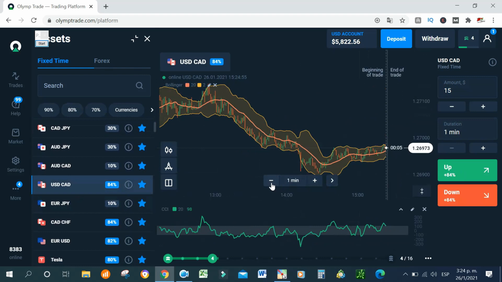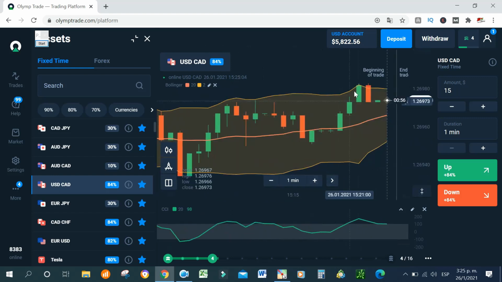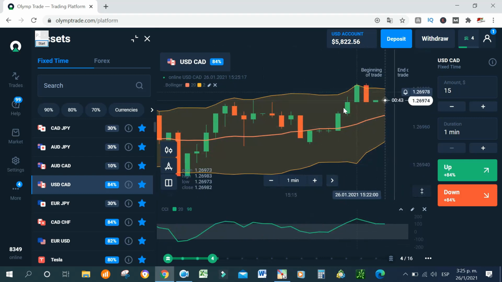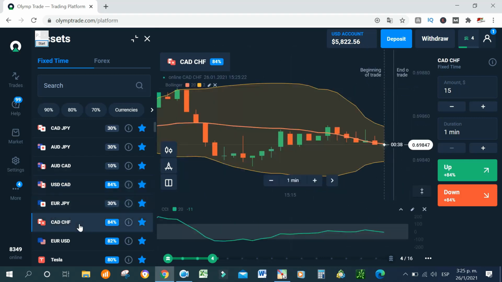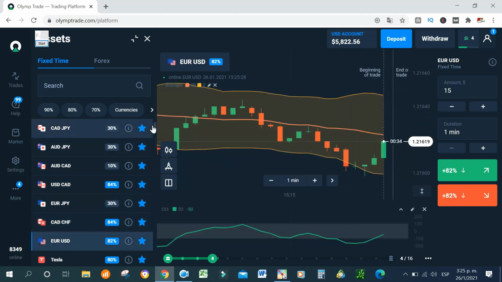Why? First of all, we have a market condition that is down, I mean, a downtrend. Then we have the price touching the upper Bollinger Band, and also the CCI indicator is in the overbought zone. So that was a great opportunity to go down. But it's okay, we missed that opportunity, but we can find another one.